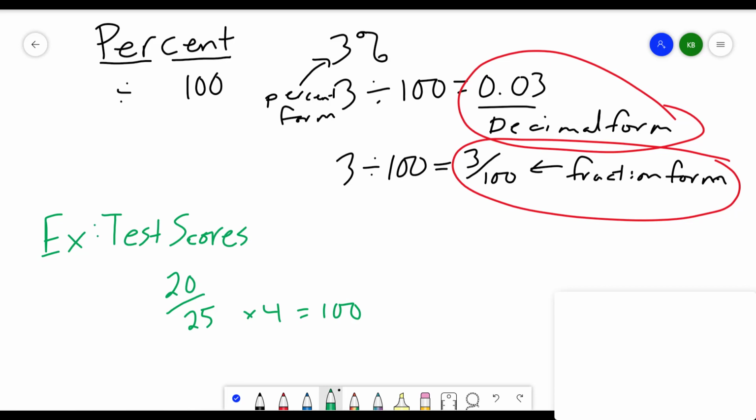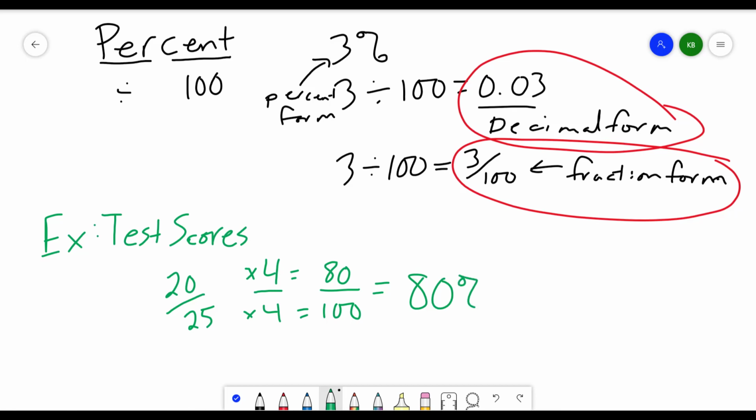And so if you remember back to getting common denominators in fractions, if you multiply the denominator by a number, we also have to multiply the numerator by that same number. So if I multiply by 4 over 4, it's the same as multiplying by 1, so I'm allowed to do that legally. So 20 times 4 is going to be 80. So I actually have 80 out of 100, which is 80%.